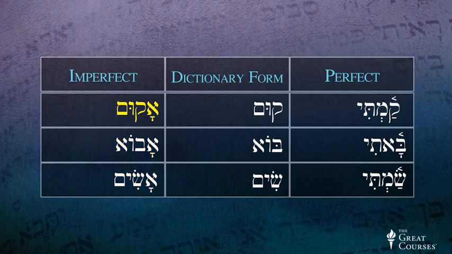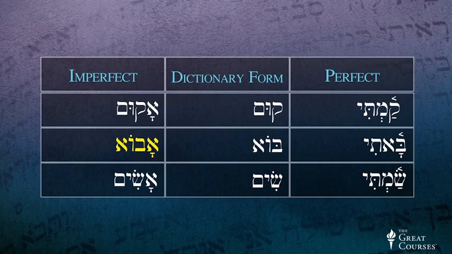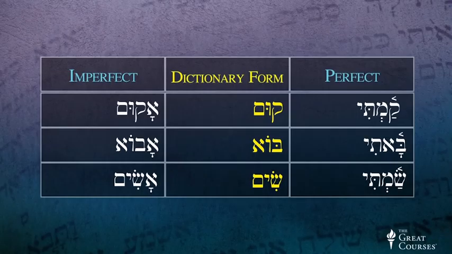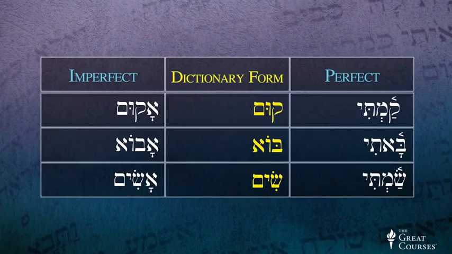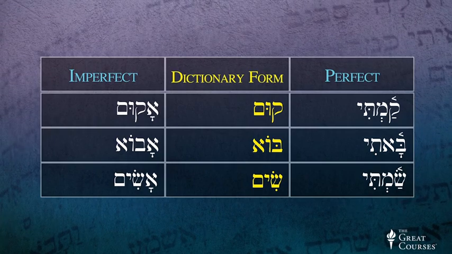I will rise, akum. I will come, avo. I will place, asim. So there are actually 3 kinds of hollow roots with u, o, and e, and the u ones are way more common than the others. If you see a hollow verb in the perfect that you need to look up, always look it up with a vav in the middle first. Only if you don't find it, then you look it up with a yud.